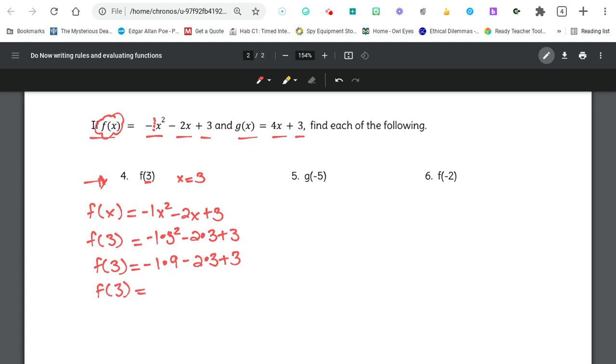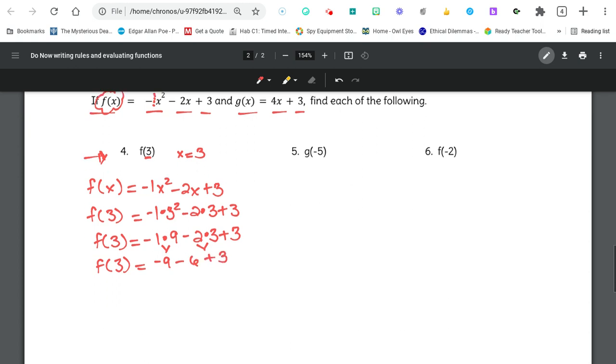There is no division. Negative 9 minus 6 plus 3. And then take care of addition and subtraction. Negative 15 plus 3. So f evaluated at 3 is negative 12. In other words, when I plug 3 into the function, I get out negative 12.